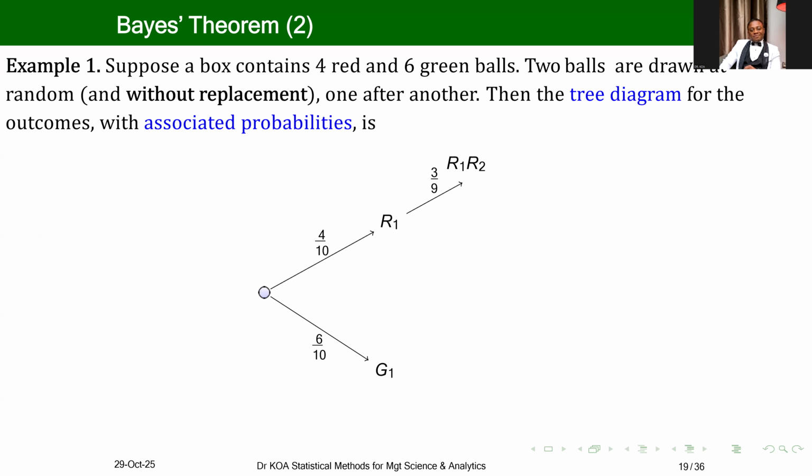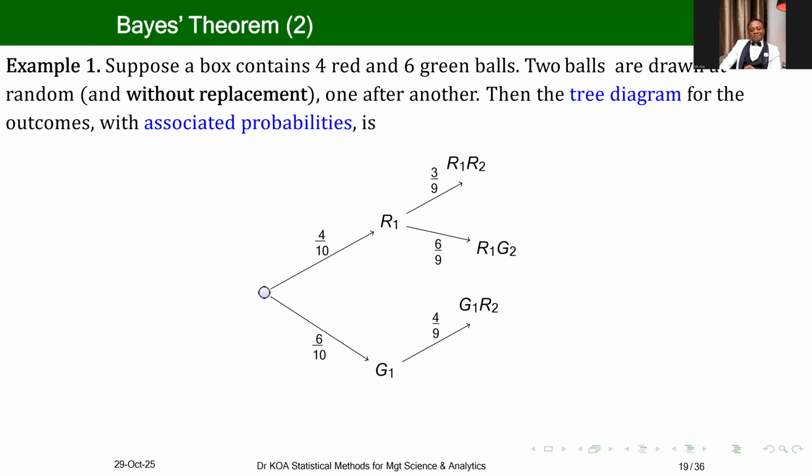Just R1G2. It's 24 over 90. It's 4 over 10 times 6 over 9, which is 24 over 90. Good. That is it.